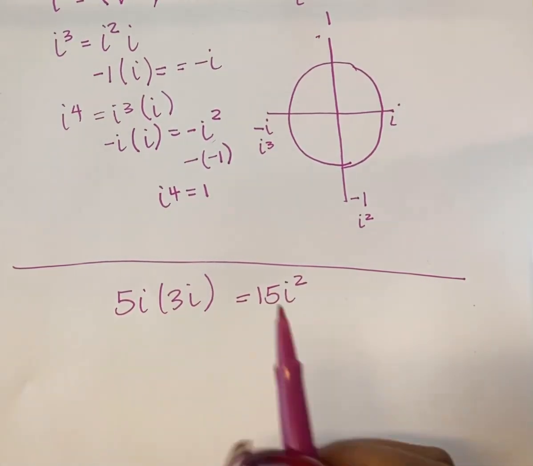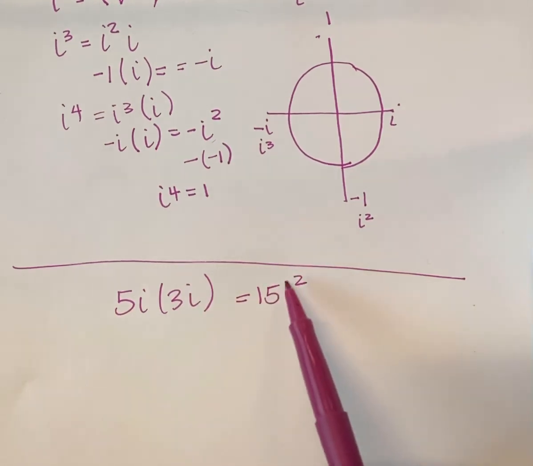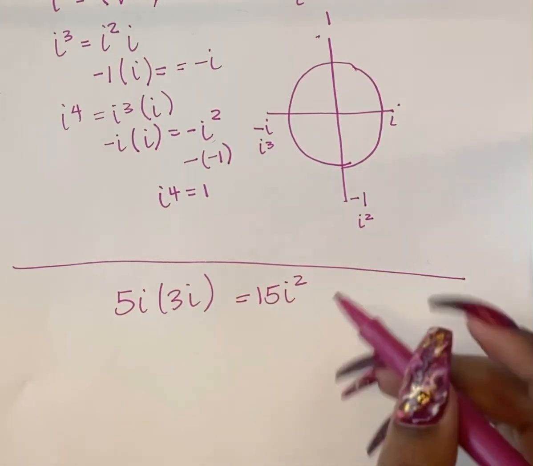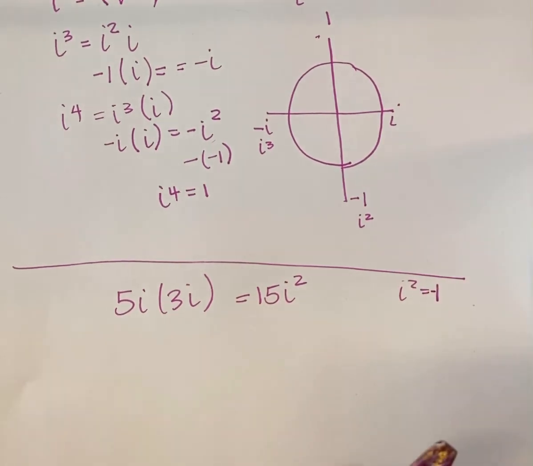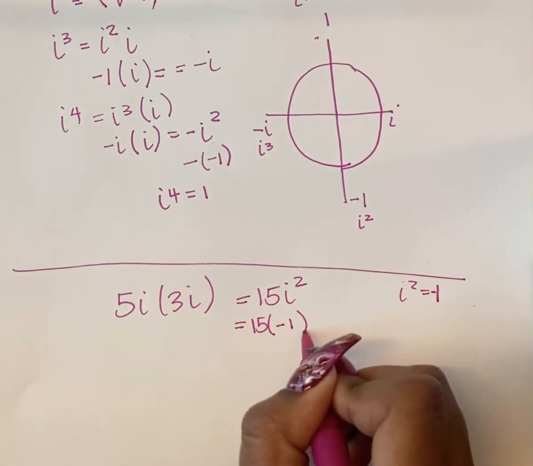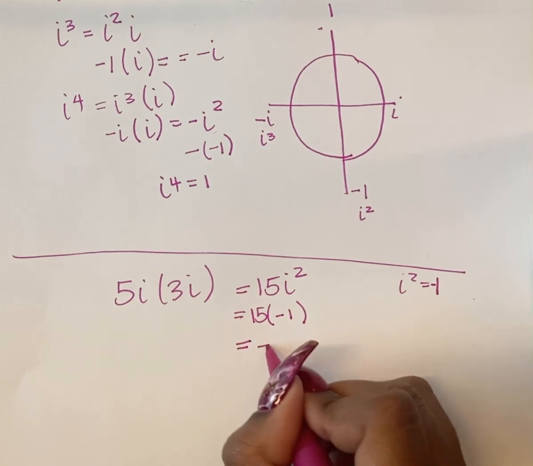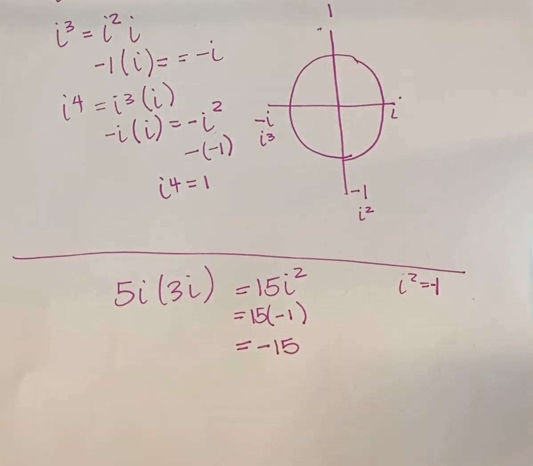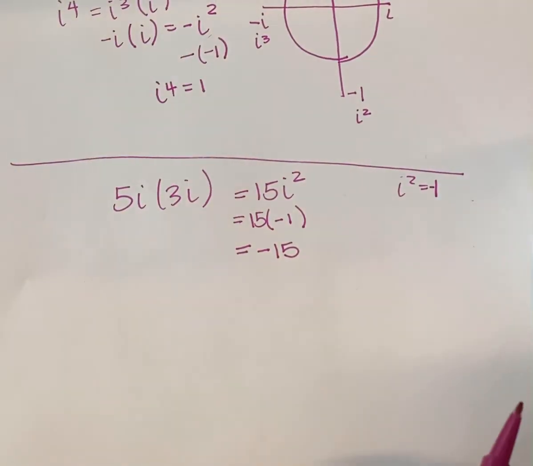The key here when you're simplifying or multiplying is that we need to remember that i squared is -1. And sometimes it's easier to just have it written on the side so you remember. So this is really 15 times -1, and 15 times -1 is -15. Okay? So the key here is remembering that i squared is -1.